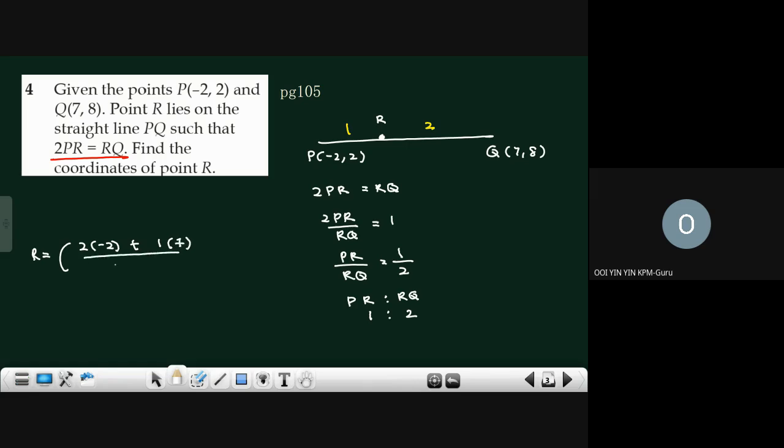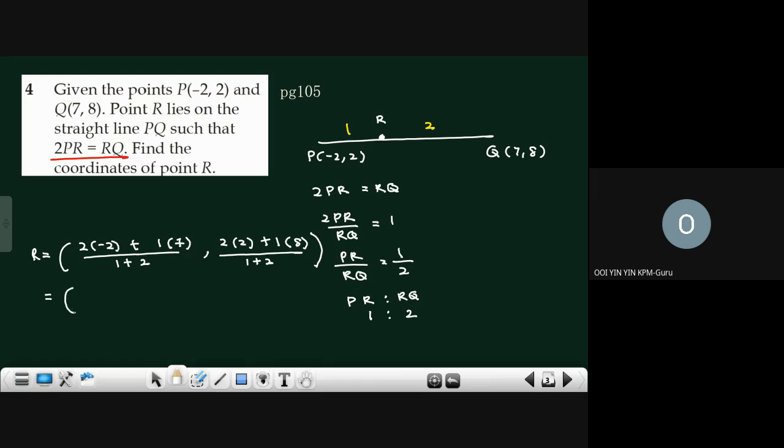Then divide by 1 plus 2, the overall ratio. And then comma for the y coordinate. Your 2 multiplied with 2, where 2 is your n and the other 2 is your y1, and then plus 1, your ratio m, times y2 which is 8. Don't forget to divide by 1 plus 2, the ratio m plus n, and then close your bracket.